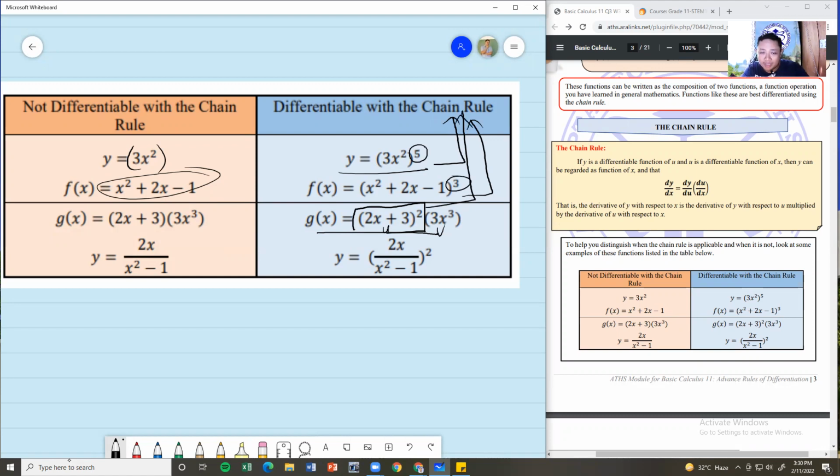Okay? And then when we get the derivative of v, it's just a normal constant multiple rule. Okay? And of course, similarly with this one, our quotient rule is raised to a second power. Therefore, we will also be applying chain rule in this problem. Okay? That's the concept of chain rule.